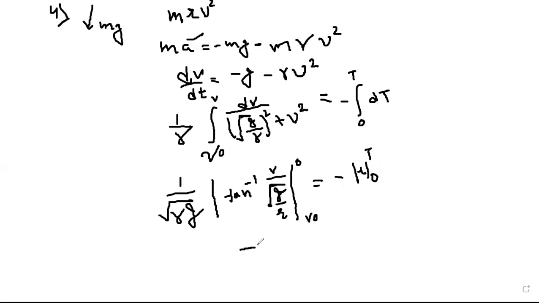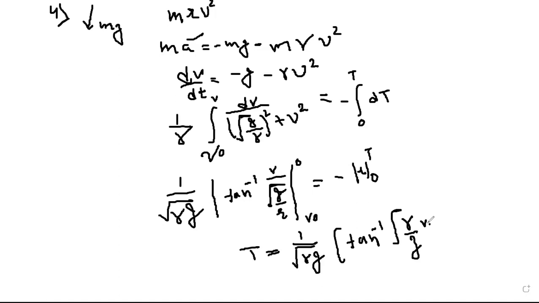So calculate the value of t is equal to. First of all, you understand the question. What is the meaning of question and what he asked from the question? γ into g, and here tan inverse under root γ upon g into v0, upper limit minus lower limit.